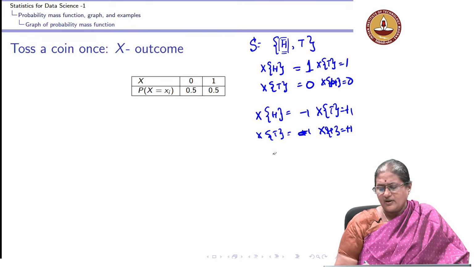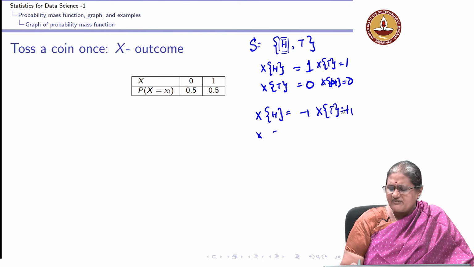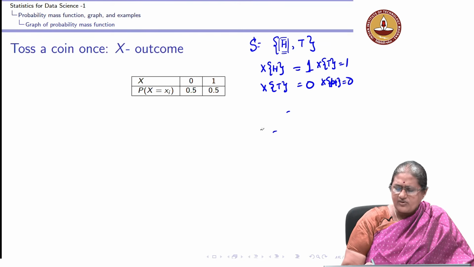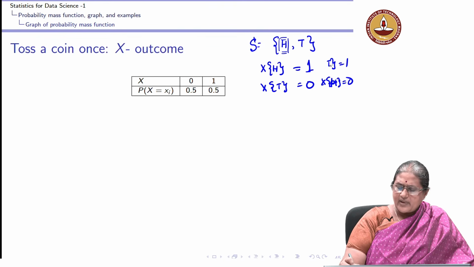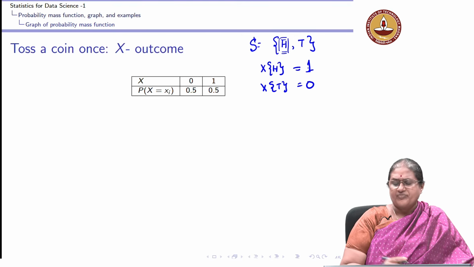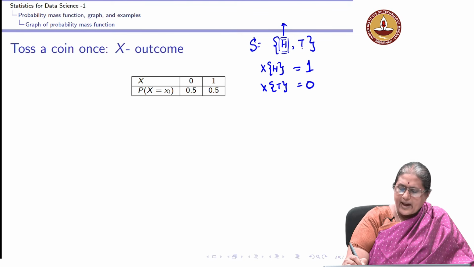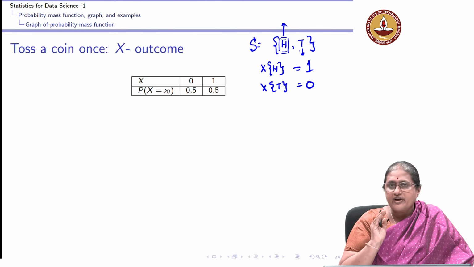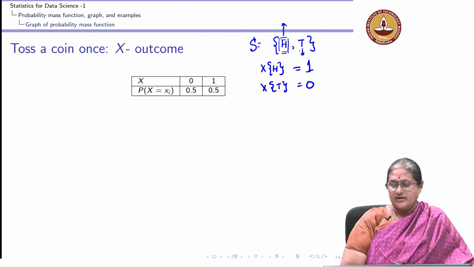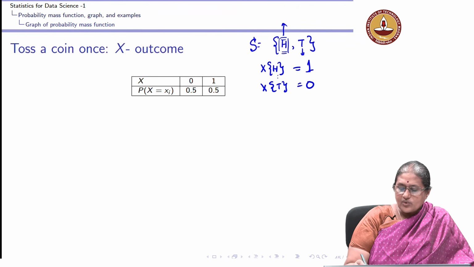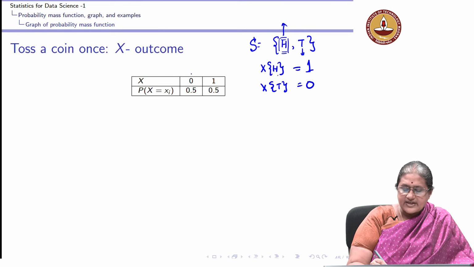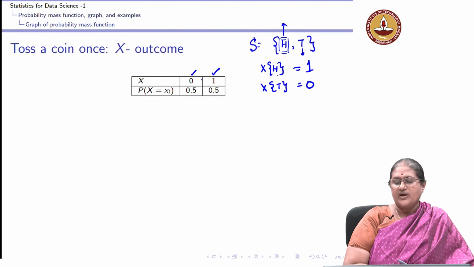We can do it, but for convention's sake, for just our understanding now, we will map head to 1 and tail to 0. Whatever I am mapping, I have to define it very clearly. So, if head takes the value 1, I know the random variable takes the values 0 and 1.